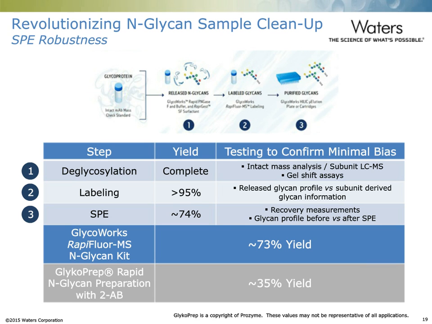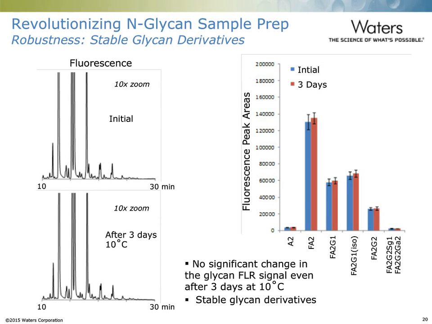In comparison to commercially available rapid N-glycan preparation with 2-AB, we get nearly double, or actually a little bit more than double the yield of N-glycans. These derivatives are stable, and that's shown in this slide, where they've been allowed to sit at 10 degrees for over 3 days, and we get equivalent profiles.